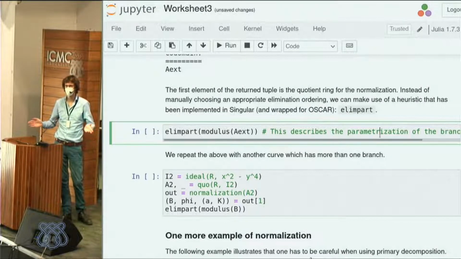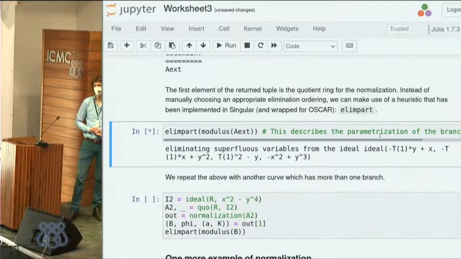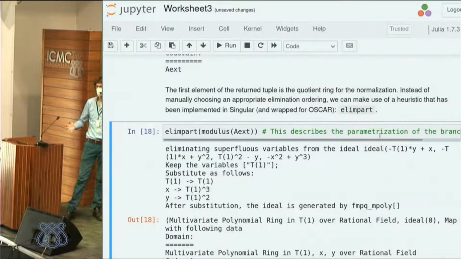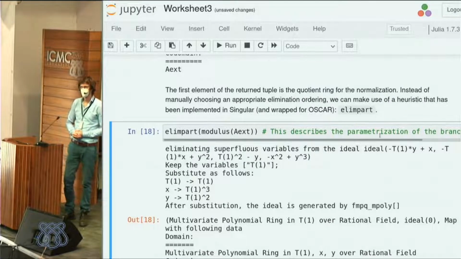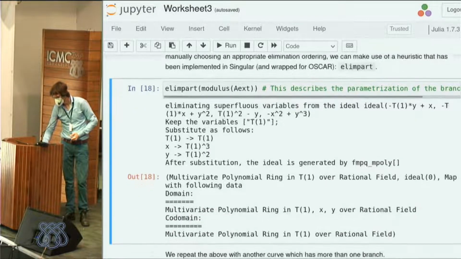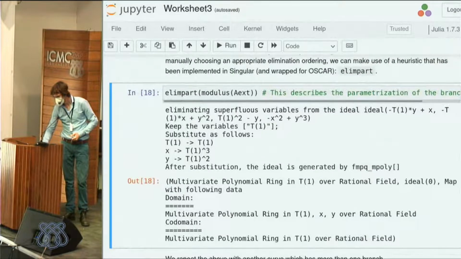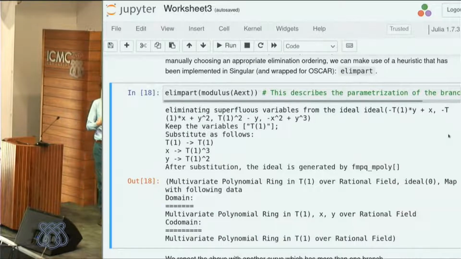It's exclusively for us here that we can use elimpart. Elimpart is usually part of the Singular toolbox, and we brought it to Oscar, and now it tells us how the ideal can be simplified, right? You have this very often. A lot of variables might become superfluous in a quotient ring, and then you can switch to a simpler model.